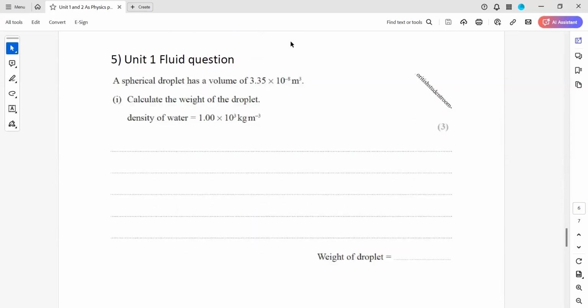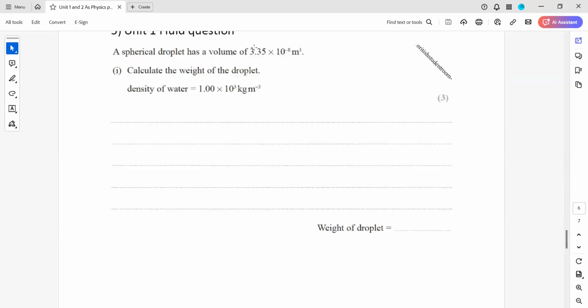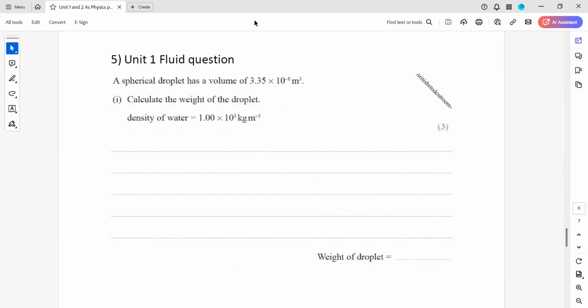A spherical droplet has a volume of 3.35 exponent minus 8. Calculate the weight. The density is given. If you need weight, weight is mass into gravity, and mass is density times volume. So weight is density into volume into gravity.